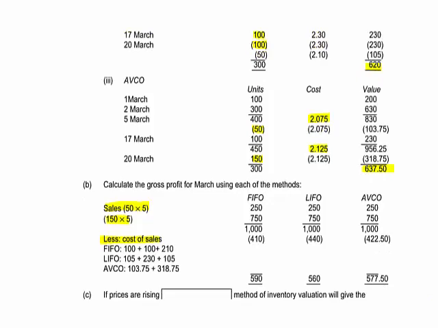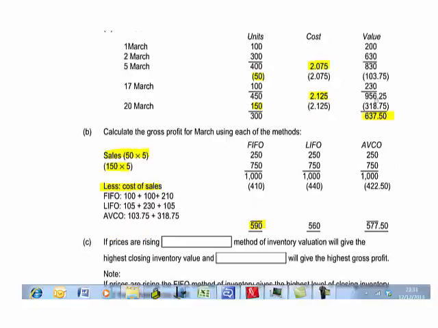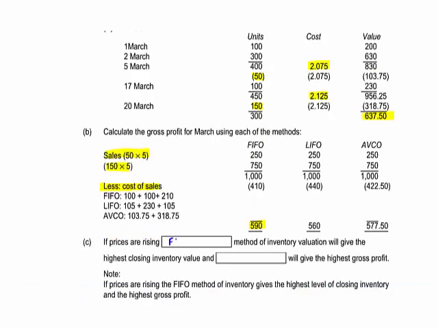So what we've got here then is under FIFO, we've got the highest inventory valuation when prices are rising. So when prices are rising, the FIFO method of inventory valuation gives the highest closing value and will give the highest gross profit, LIFO the lowest.